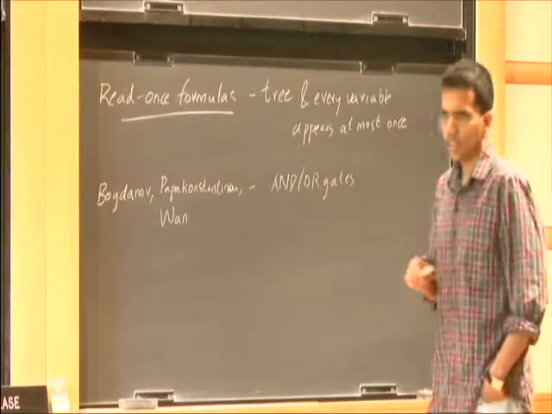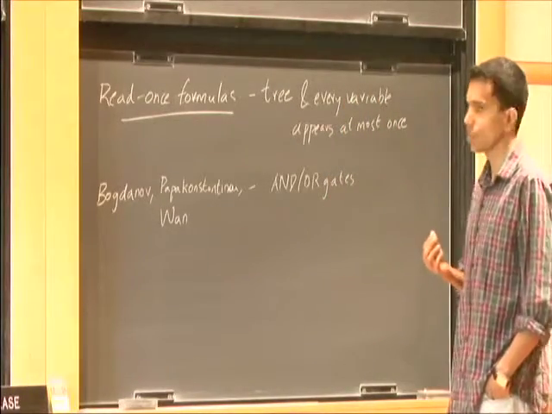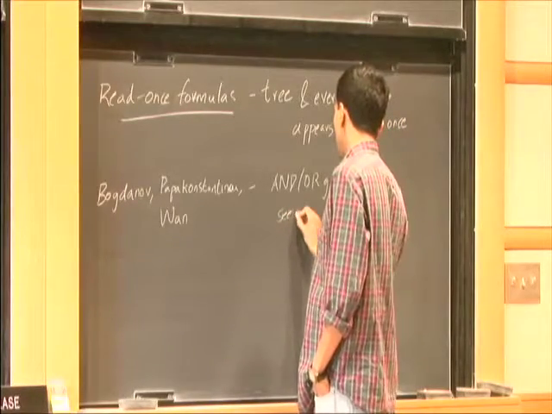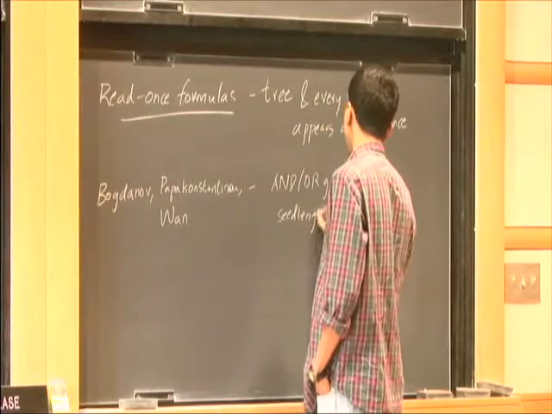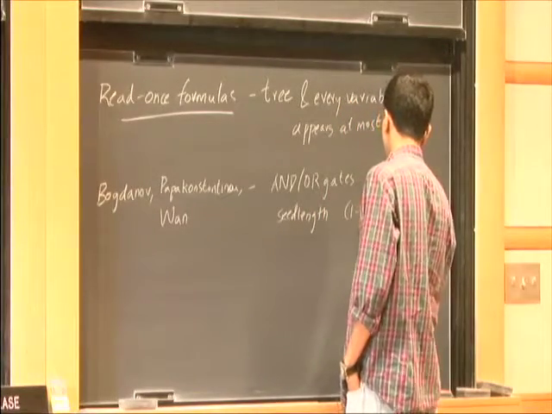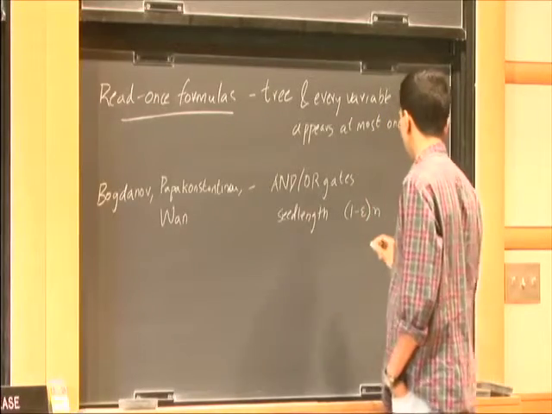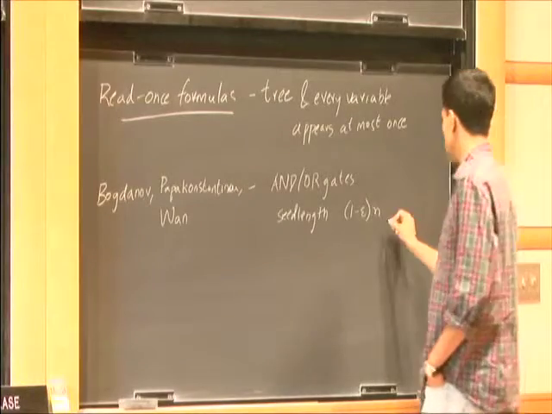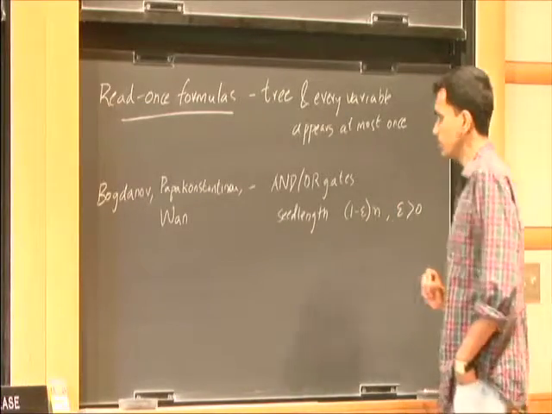They look at constructing pseudorandom generators for this class of formulas, and they are able to achieve something slightly better than what we know for AC0 with parity gates in general. They achieve something like seed length 1 minus epsilon times n, where epsilon is some non-zero constant. Maybe 0.1.